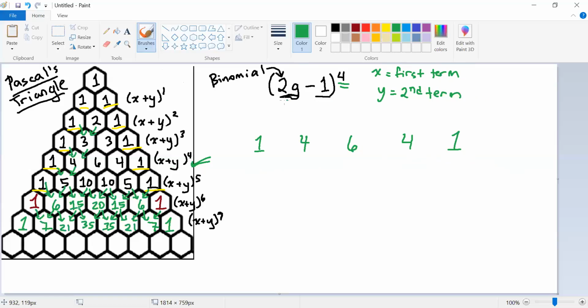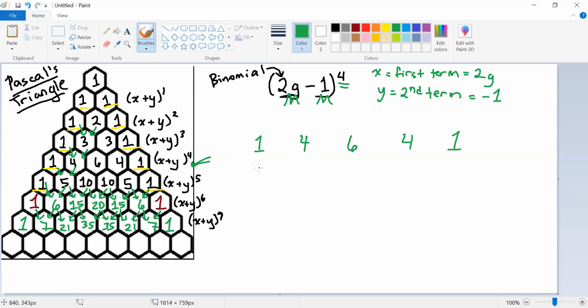Okay, so just by looking at this, my first term is going to be 2g. And my second term is going to be a negative 1. I'm choosing a negative 1 because all of these follow the form plus 1. So if you see a negative, instead of writing a positive 1, you're going to write a negative 1.